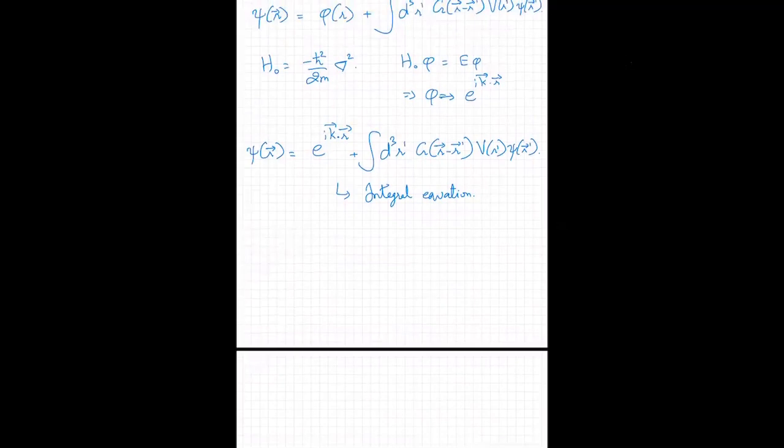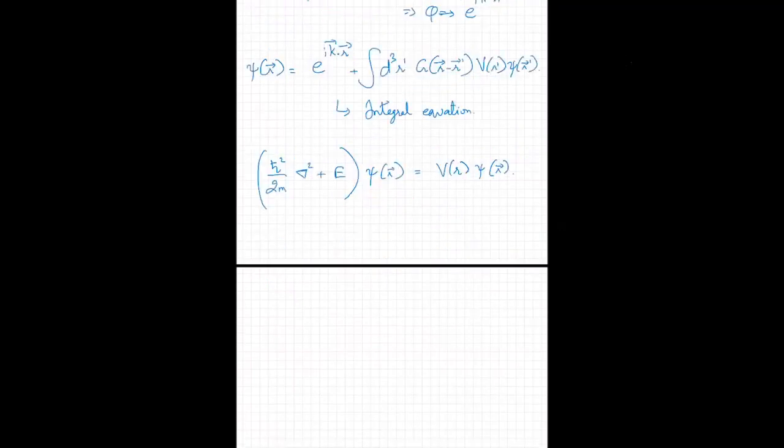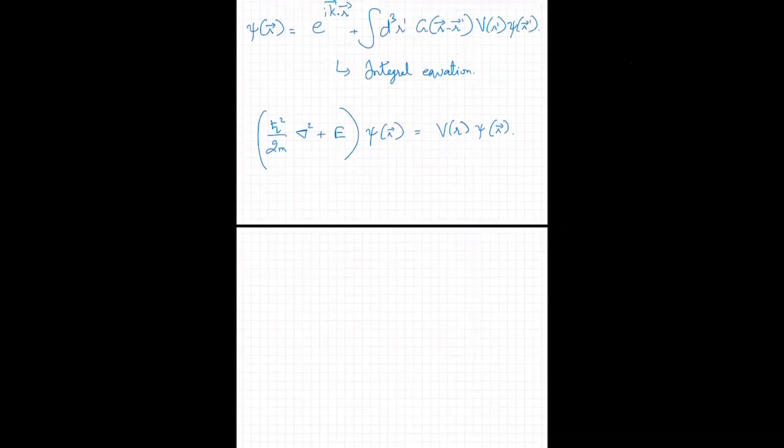To understand the Green's function, let's go back to the Schrodinger equation. Let me use the form that I just wrote down, which is (h bar square over 2m) del square plus E, acting on psi of R, equals V of R psi of R. So the Green's function is a solution psi where the response psi of R is the response to a delta function driving potential.